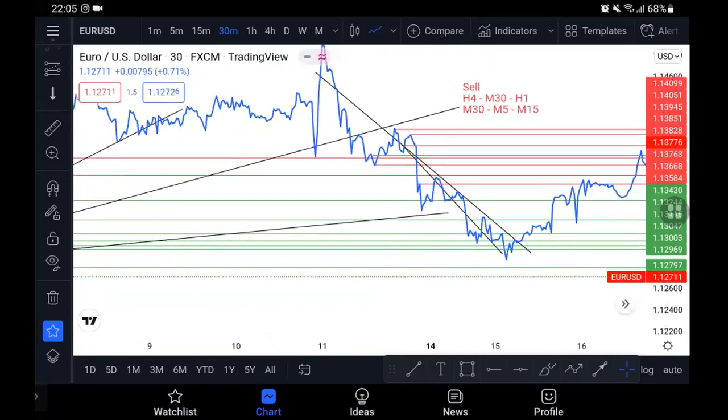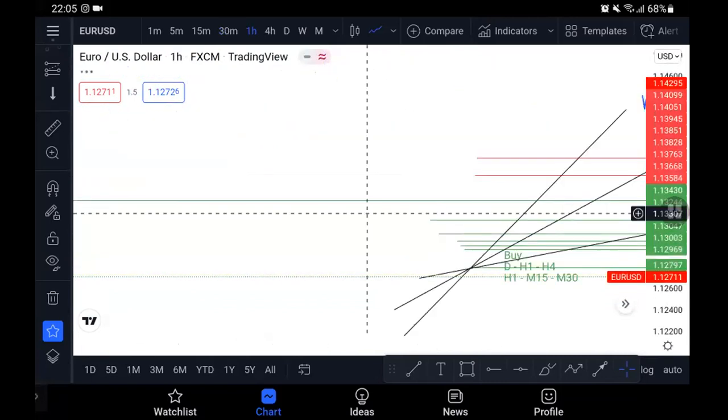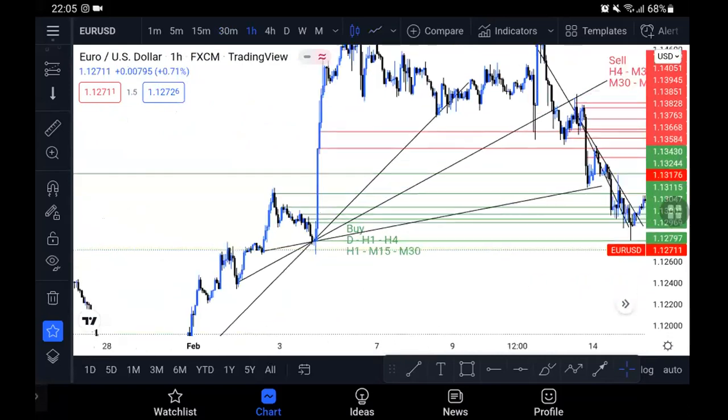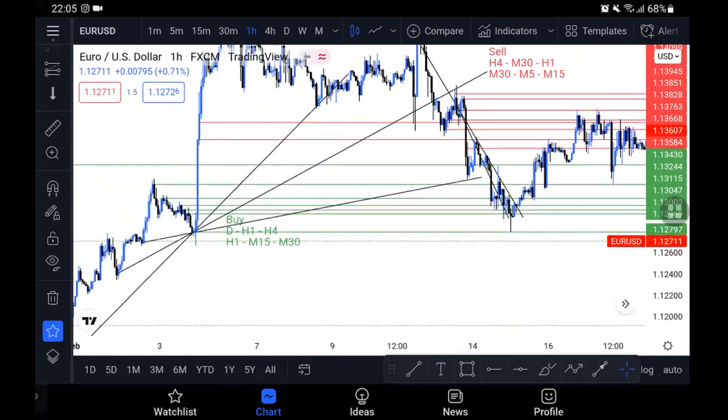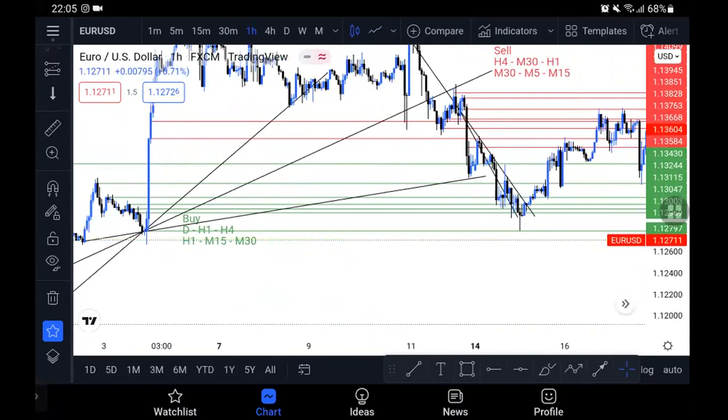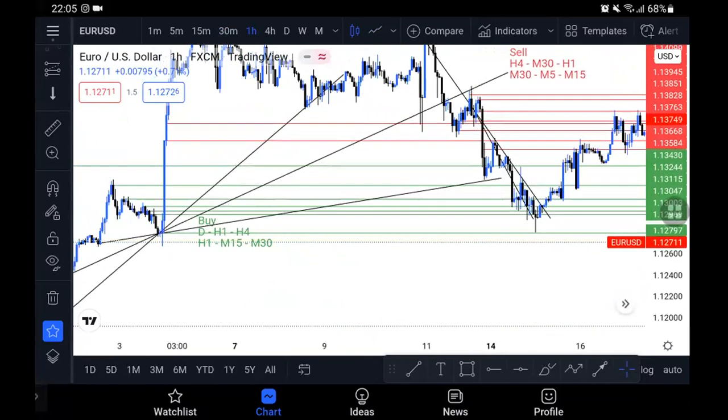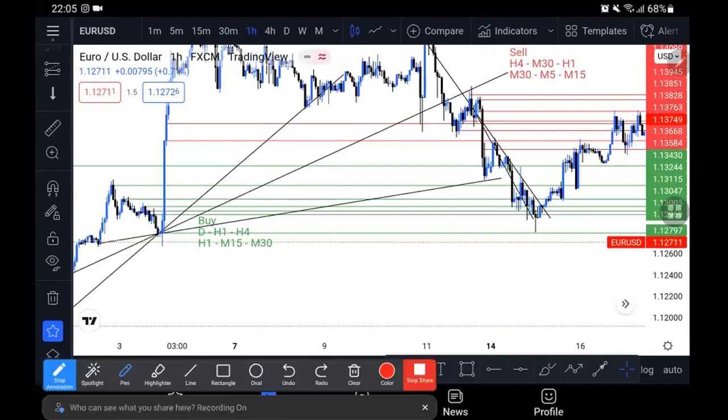Contoh dalam market. So for the example in the market, okay, we have this. This is our logical area to entry, which is starting from here.